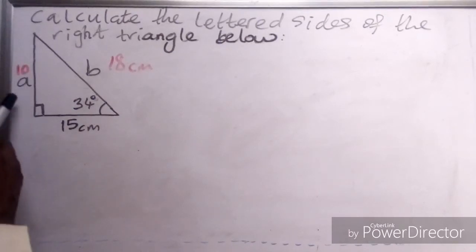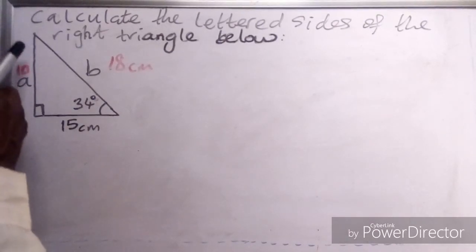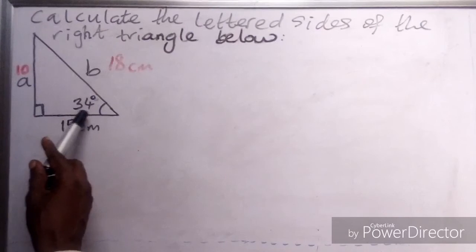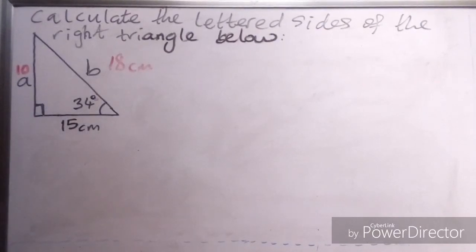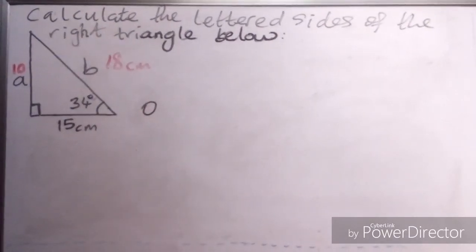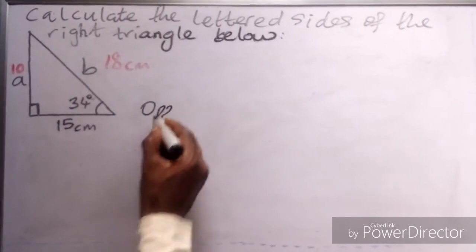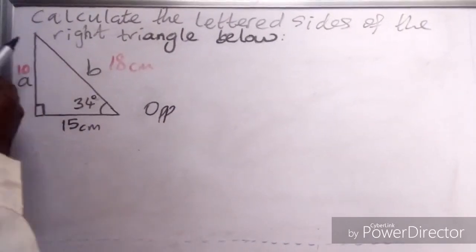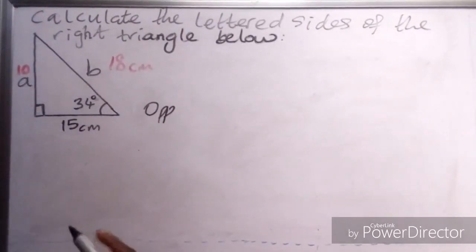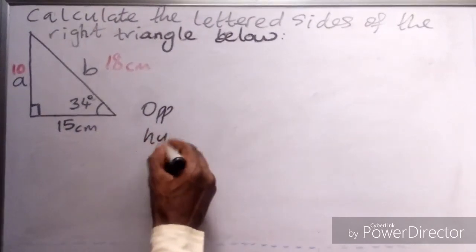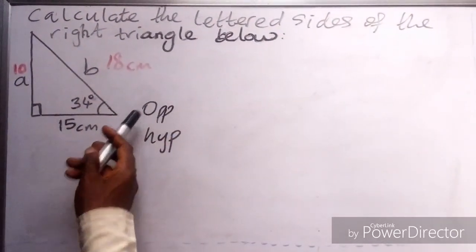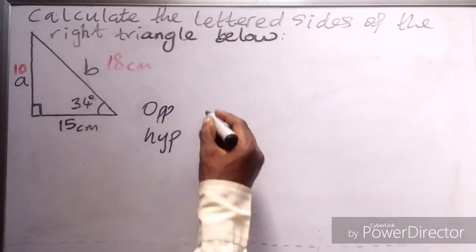This side A, which is 10 centimeters, is the opposite side to angle 34. And the side B, which we are looking for, is the hypotenuse. Now we have opposite and hypotenuse.